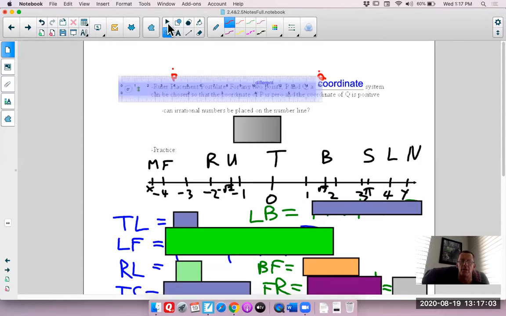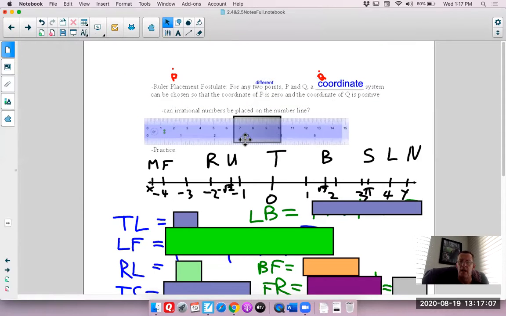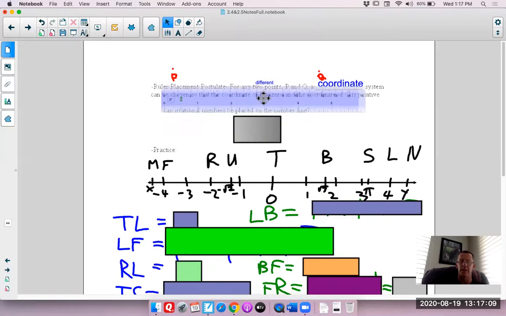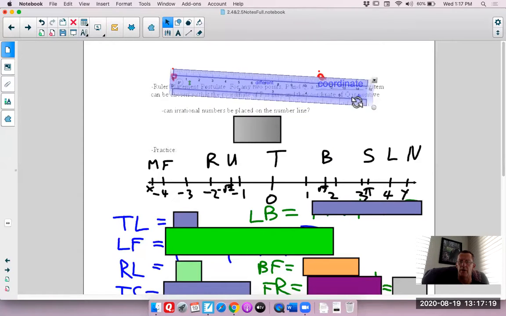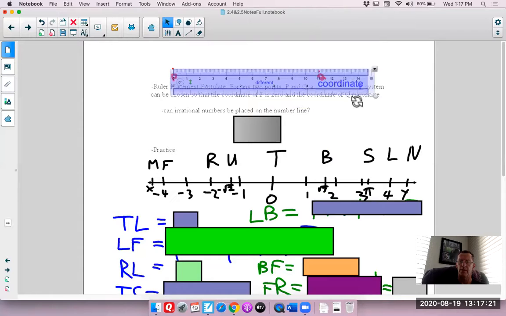Okay. So what we're saying is that we can take a ruler and we can place a ruler down that has the coordinate of P to be 0. Okay, right? And now I have to move this a little bit. Come on, it doesn't want to do it exactly.